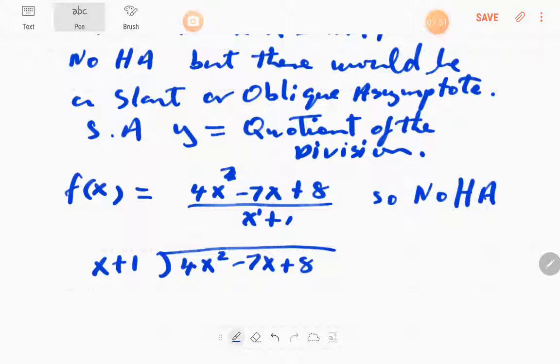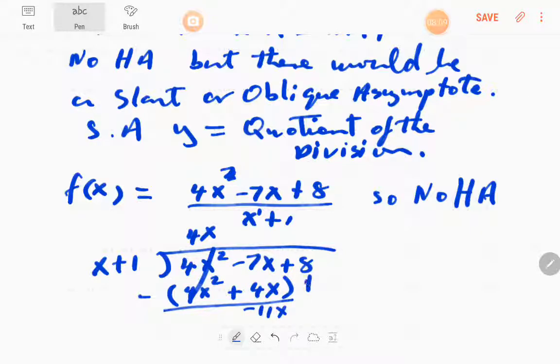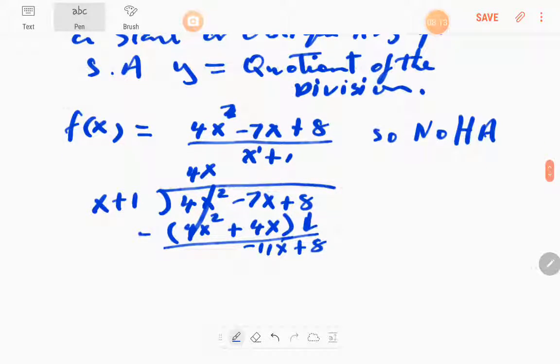So we could have 4x. So this would be 4x squared plus 4x. And then subtract. So these two would cancel out. This will become minus 11x. Bring down the 8 plus 8. And then minus 11 here.